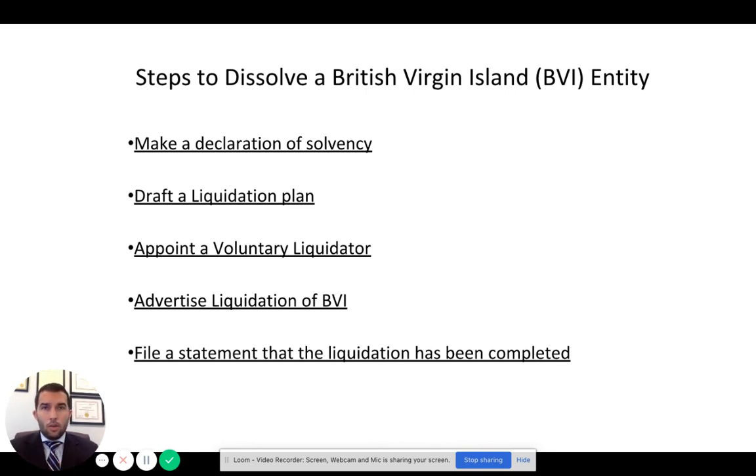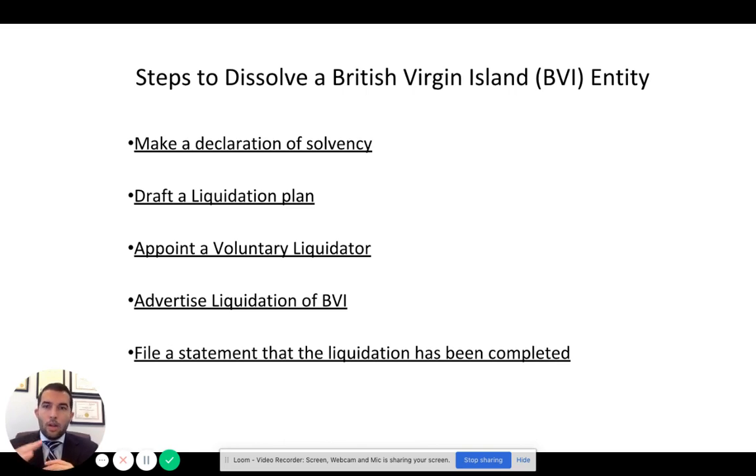Then this needs to be disclosed to the shareholders and to the register of companies in the British Virgin Islands. Then you have to advertise in a newspaper that the company is being liquidated, not only in the BVI, but also in the jurisdiction where the business is actually performing its activities. And then you file the statement that the liquidation has been completed.